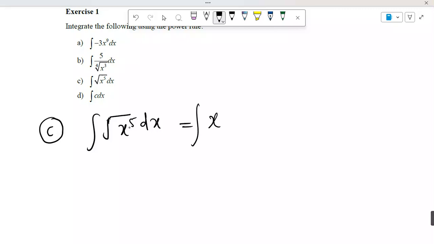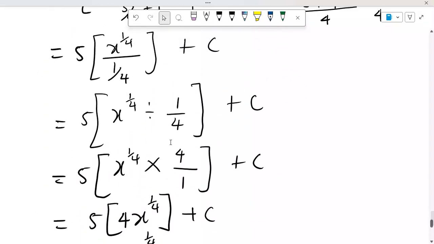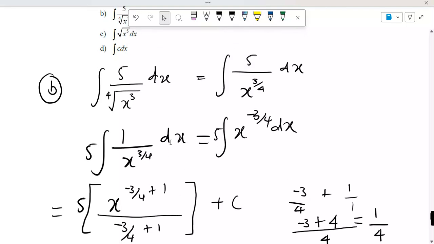Where is the numerator? So here, what's the numerator? So you follow this path. The power here is the numerator, and the denominator is the one which is here.